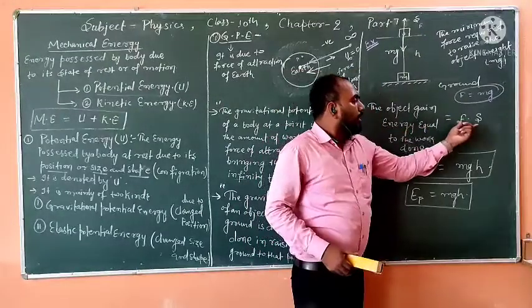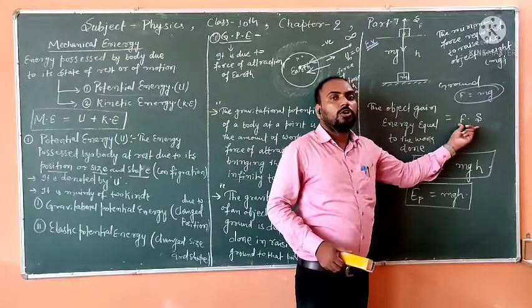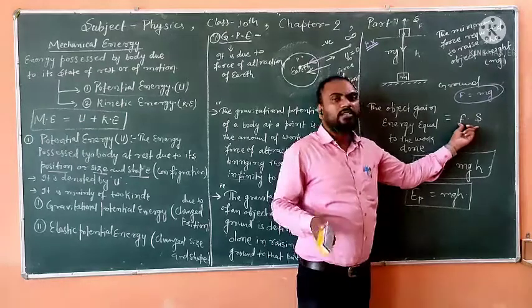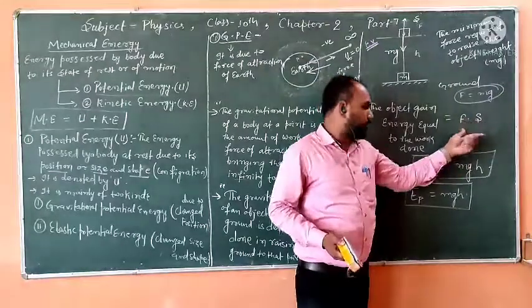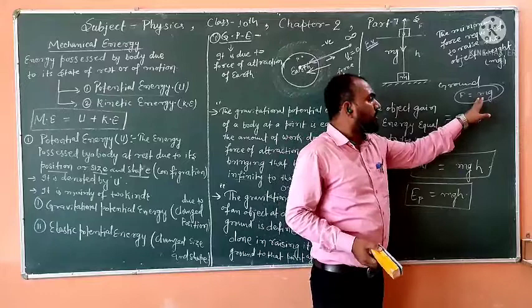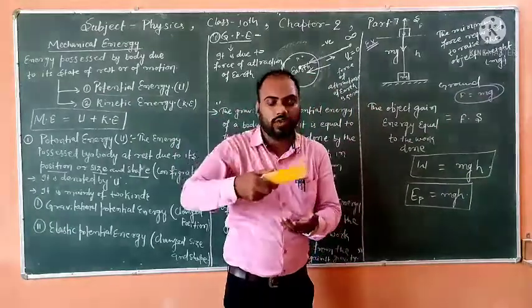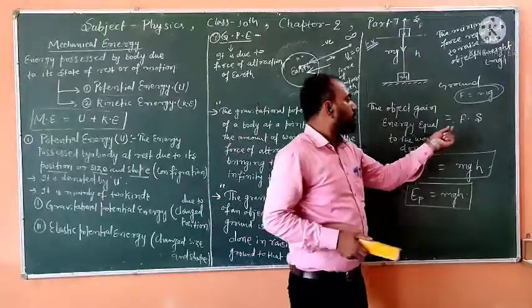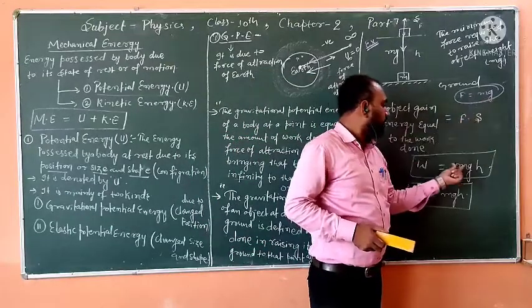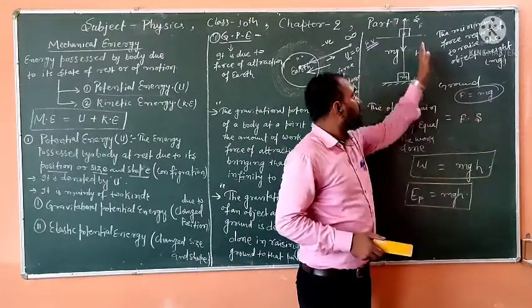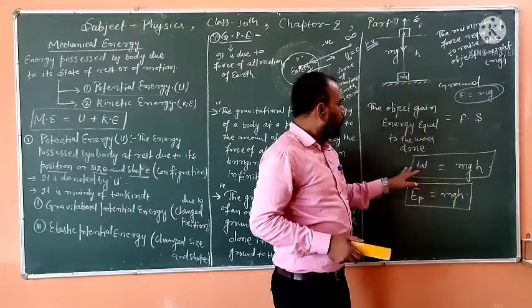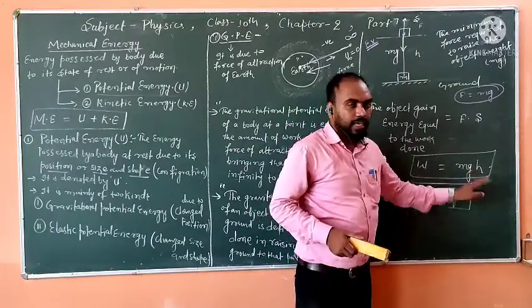That's why the work done will be Fs cos 0, so it will be Fs. The force required to lift this object is equal to the weight of the object, so I put the force mg and displacement h. So work done will be mgh.